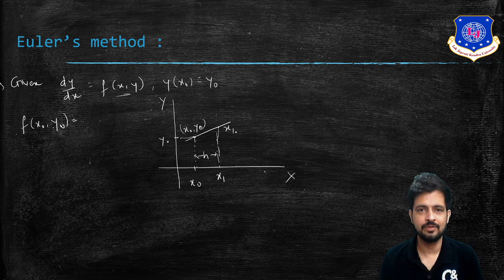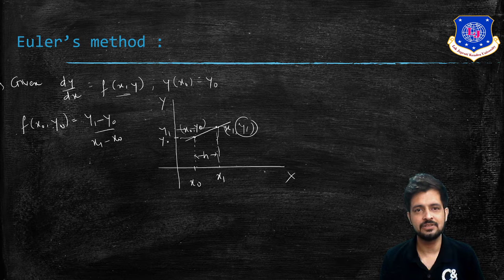Now let us consider the point at which I am getting the intersecting point. The point can be written as x1 y1. So I am getting a value of y with the help of Euler's method, and I am naming that value of y as y1. If I want to write the formula for the slope, I can write f of x0 y0 is equal to y1 minus y0 upon x1 minus x0. Once again, x0 y0 is the given point.